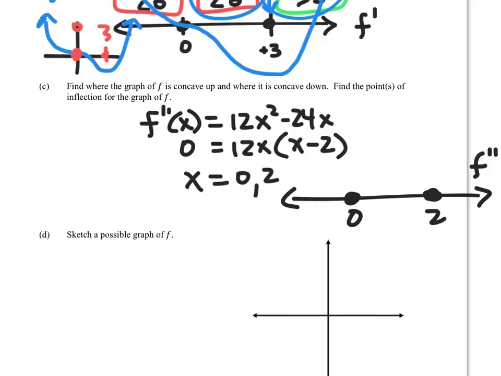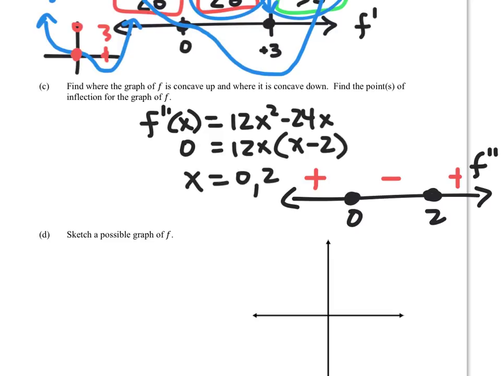Testing values around it, I get positive values from negative infinity to 0, and from 2 to infinity, and a negative value if I test, say, f double prime of 1.